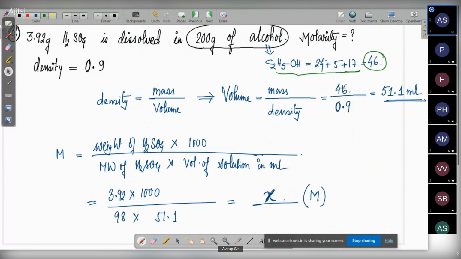Molecular mass of the alcohol has been calculated as 46. Because carbon is 24, hydrogen is 5, since hydrogen's atomic mass is 1, so there are 5 hydrogens, so that is 5, and oxygen is 16 and hydrogen is 1.